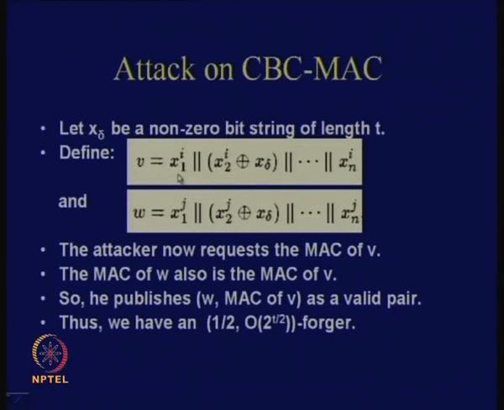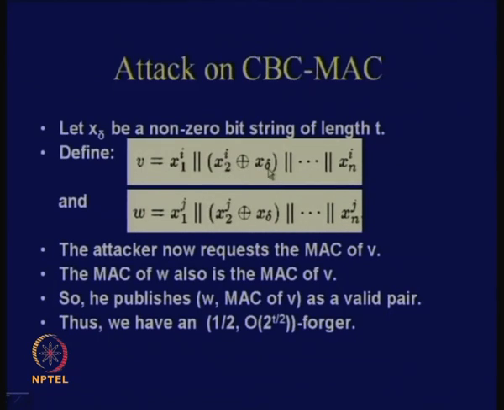You already know the corresponding i and j values for which the collision in the hash output has occurred, right. So, you take the corresponding xi value and make this v message. How? You keep the rest of the things same, only the second message you take x2i XORed with x delta.